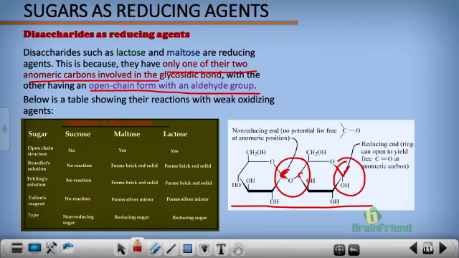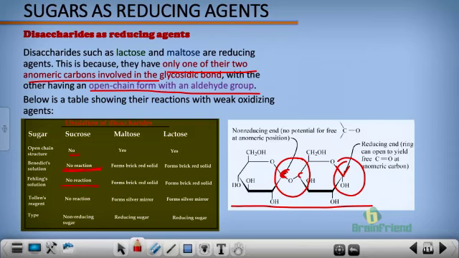Now below is a table. We have here a table showing reactions of disaccharides with some of these oxidizing agents. Now, sucrose does not form an open chain. Because of that, with Benedict's solution, remember we said that reducing sugars must be able to convert to an open chain form. So because sucrose cannot do that, it cannot act as a reducing sugar. So with Benedict's solution, it will have no reaction.